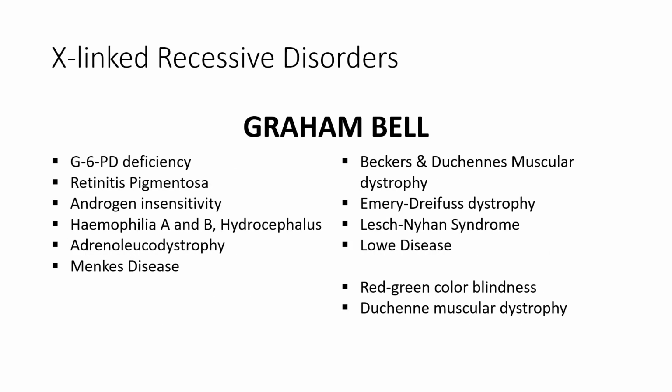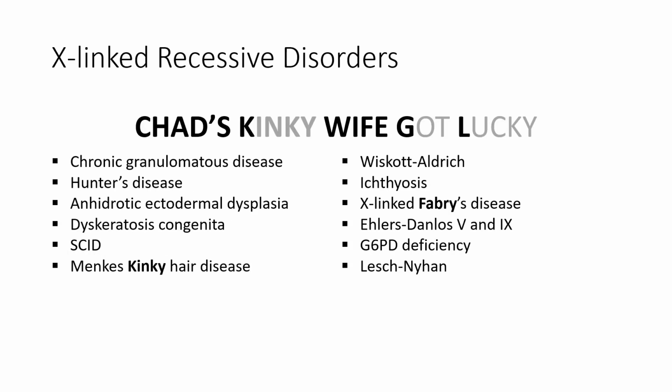X-linked recessive conditions: Graham-Bell, G6PD deficiency, hemophilia A, hemophilia B, hydrocephalus, Duchenne's and Becker's muscular dystrophy, Lesch-Nyhan syndrome. You can easily recall any of these conditions as X-linked. An alternative, Chad's kinky wife got lucky.